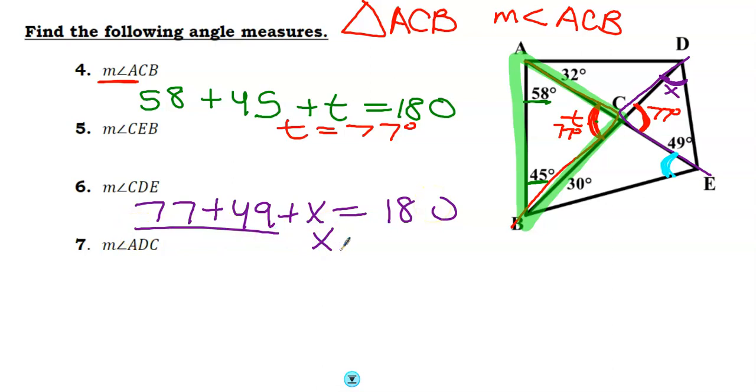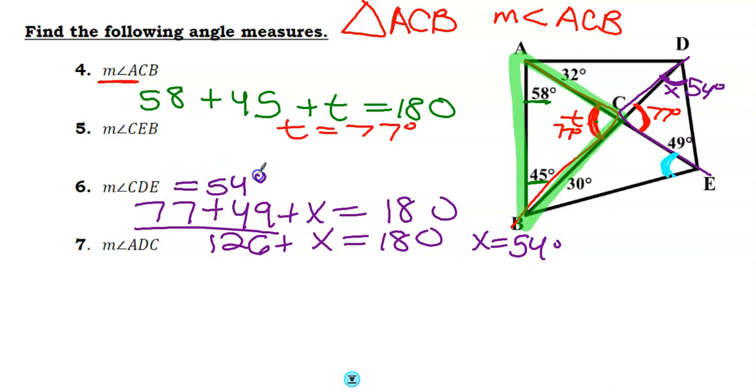So 77 plus 49 is 126. Or you can subtract them 2 times if that's easier for you. Again, it's up to you on how you want to do this. So 180 minus 126 is 54. All right, so this angle right here is 54 degrees. So 54 degrees is CDE, and ACB was 77 degrees.